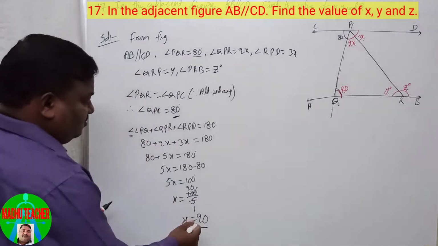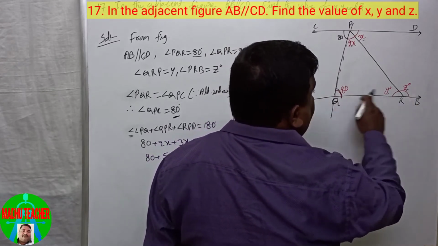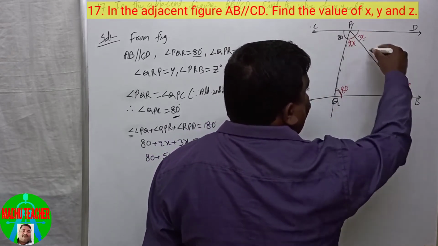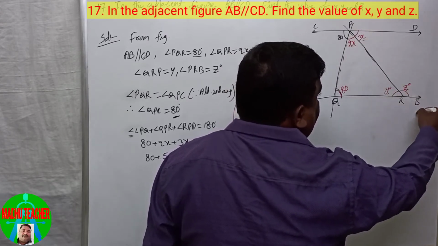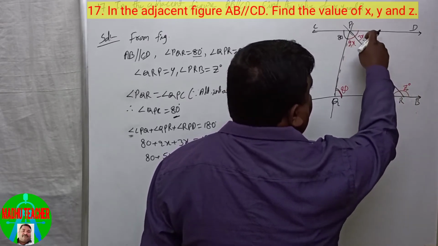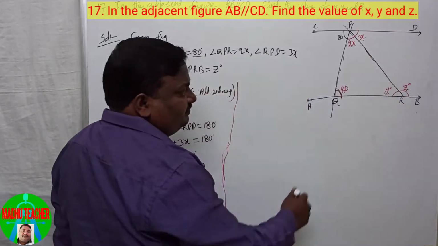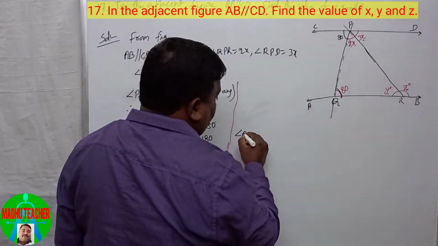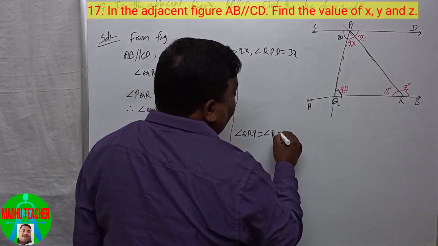CD and AB are parallel, and PR is the transversal. Therefore, y and this 3x are alternate interior angles. Angle QRP equal to angle RPD.